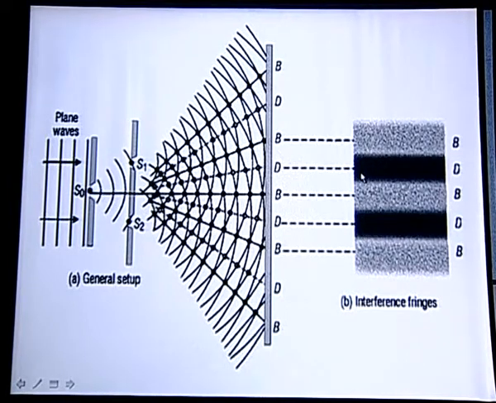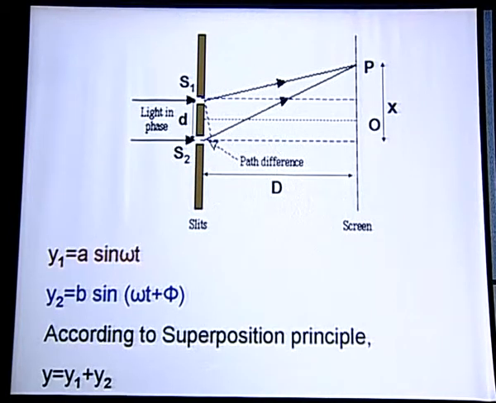He tried to explain interference on the basis of Young's double-slit experiment, and with the help of this he got a number of other things also, theoretically. Now, what are the various expressions? Suppose you have to calculate the intensity, what sort of intensity will you get, because different fringes are formed.